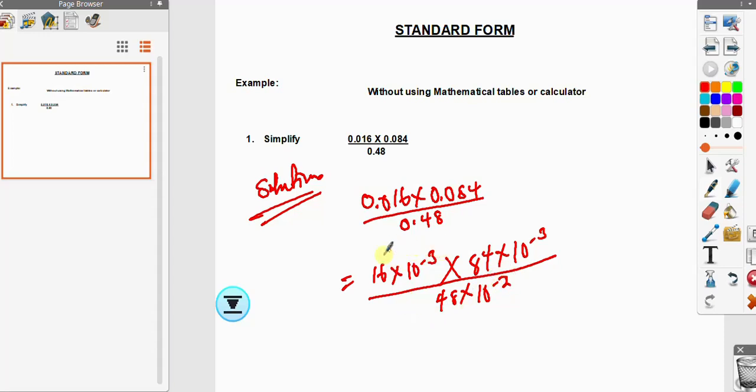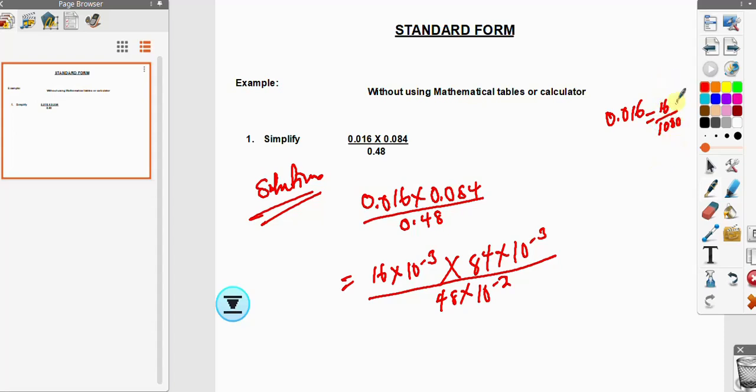Now, when we multiply, we can use our calculator to get the value. It's a simple way. There is another way you can do it. We have 0.016, let it be equal to, count it again, 1, 2, 3. That is 16 over 1000.